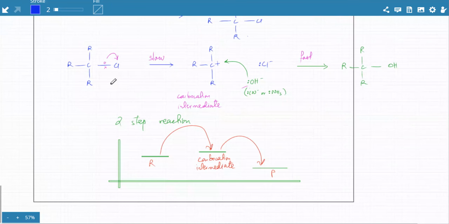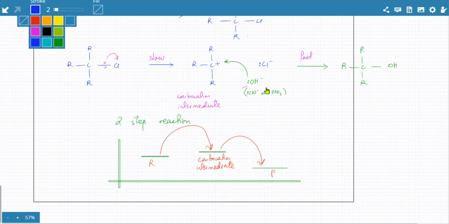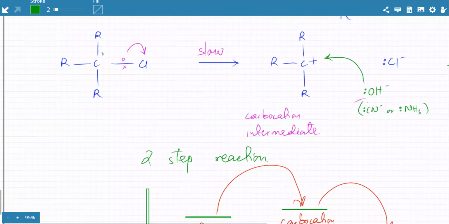If your carbon is bonded on all 3 sides by carbon chains, then the nucleophile is going to come in the second step. It's not going to attack initially. And the reason it's not going to attack initially is that the carbon over here is not very strongly partial positive. Why is it not very strongly partial positive?